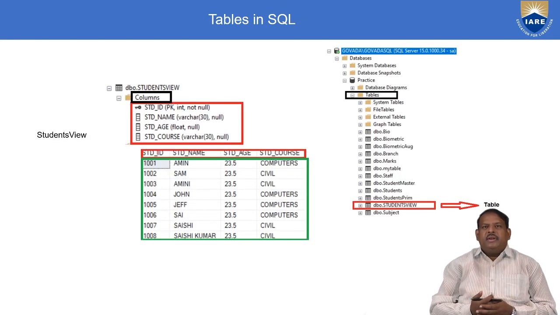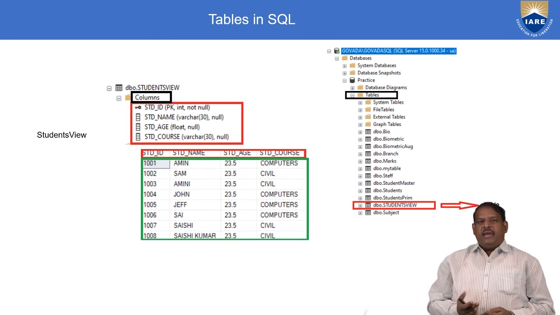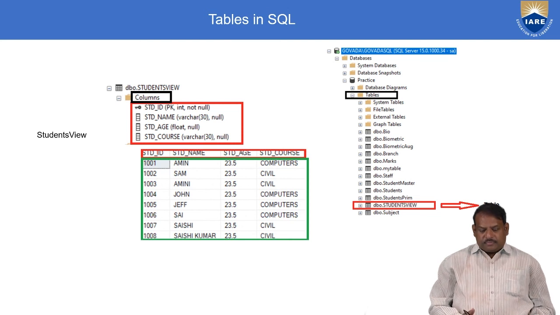After your table is created, this is how it looks. I have std_id as my column name, then name, age, and course. Integer is to store the integer values. Varchar is to store the character values. Age is float. Course is again a varchar field.